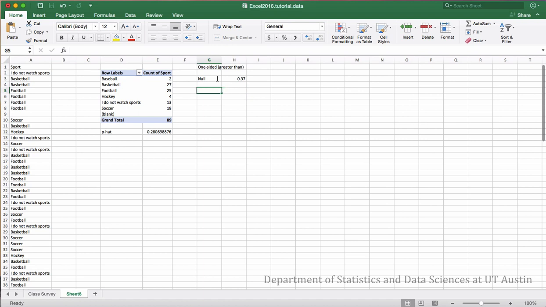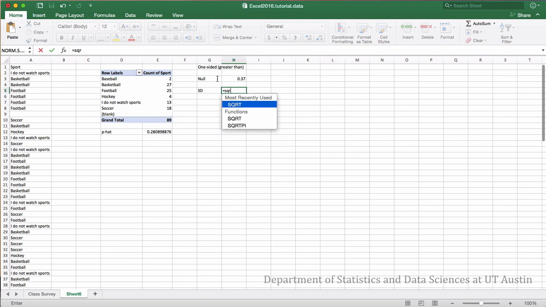So first, we're going to calculate the standard deviation. The standard deviation of a sample proportion is calculated by the square root, SQRT, of our claim. So we're assuming 37% of individuals prefer the sport football.